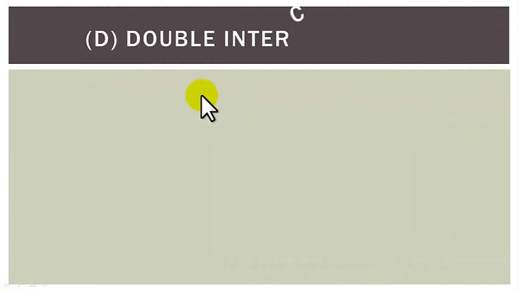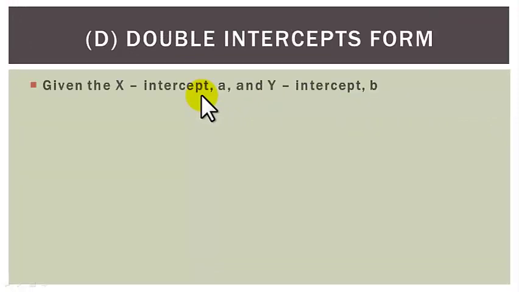D. Double intercept form. Given the x-intercept A and y-intercept B, we can also draw a straight line. Here is our x-axis, and this is the y-axis.